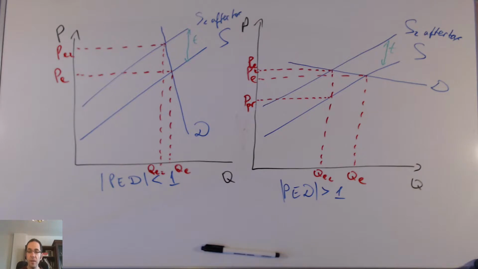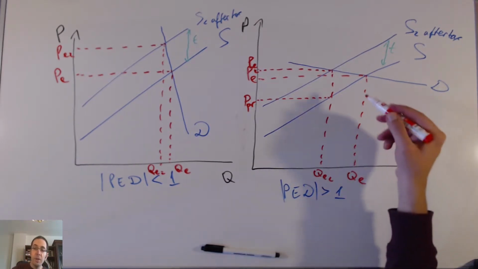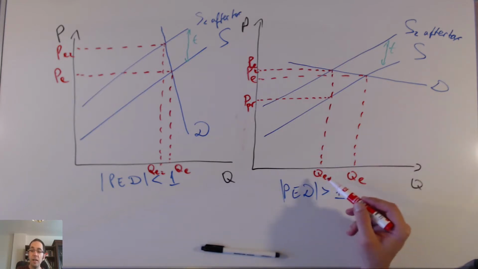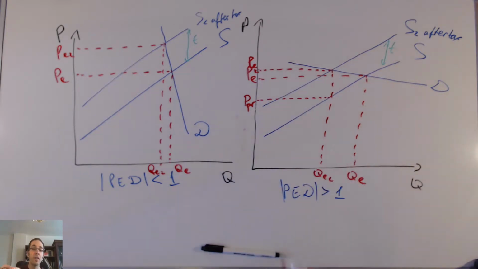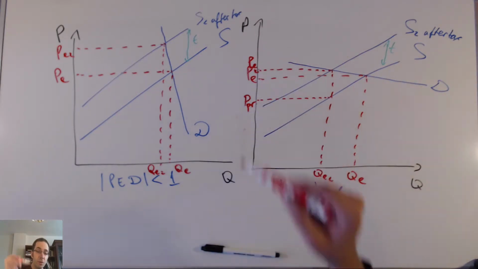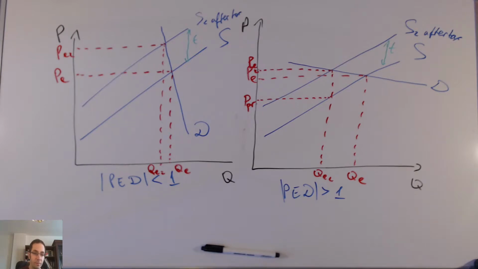We can see that in the case of elastic demand, because of the relatively large decline in quantity demanded, the price for the consumers increased relatively little, but the price for the producers fell quite substantially.